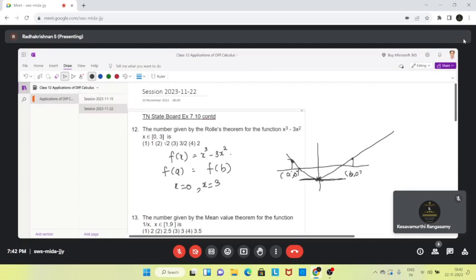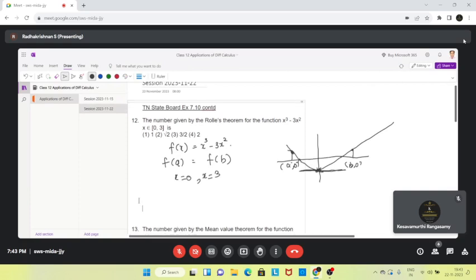So in this range we have to find the point where the slope is horizontal, slope is equal to 0. What is the formula for slope? dy by dx, right? Since we know that f of x is x cube minus 3x square, what is dy by dx?